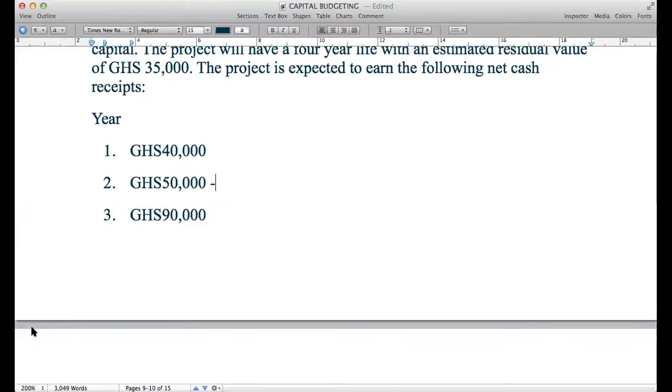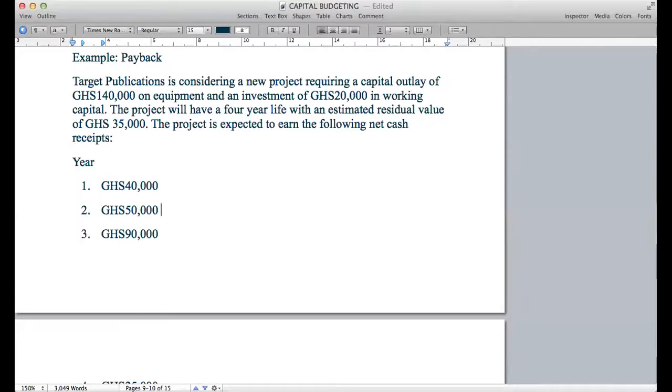Let me come here. Okay, so this is the question. Year 4 is 24,000. You are required to calculate the payback period and the accounting rate of return. Start work. Good. Please, year 4, I think it's 24,000.